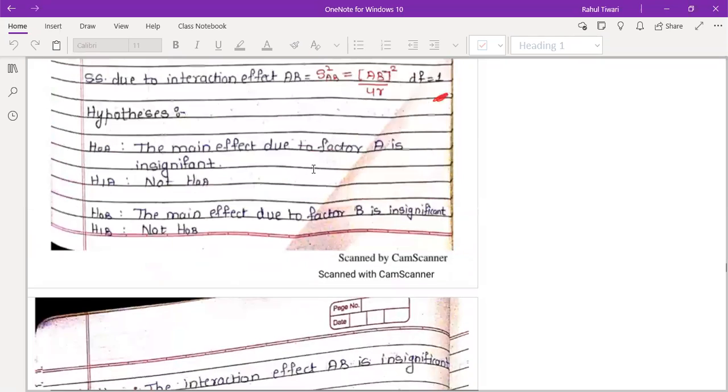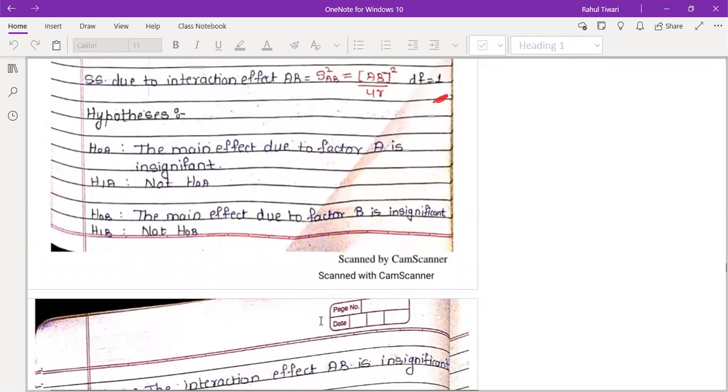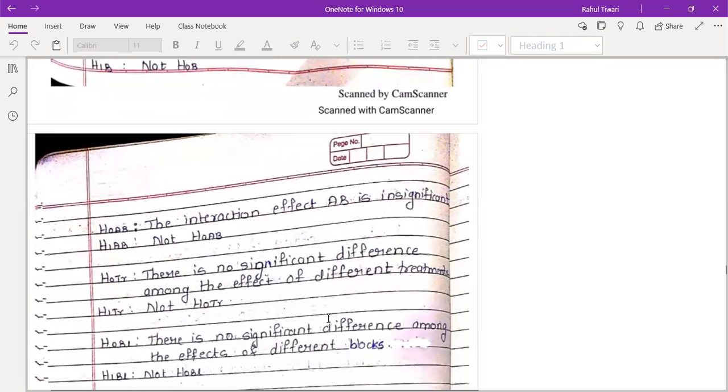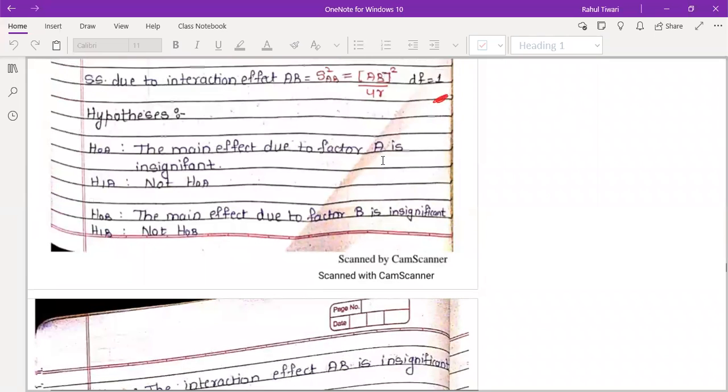Now if you look at all this, these three are basically factors, or one can call this a treatment. So one can also check whether total treatment effects will be there or not. That is, there is no significant difference among the effects of different treatments. It means you are checking the individual factors, whether the individual factors have an effect or not.